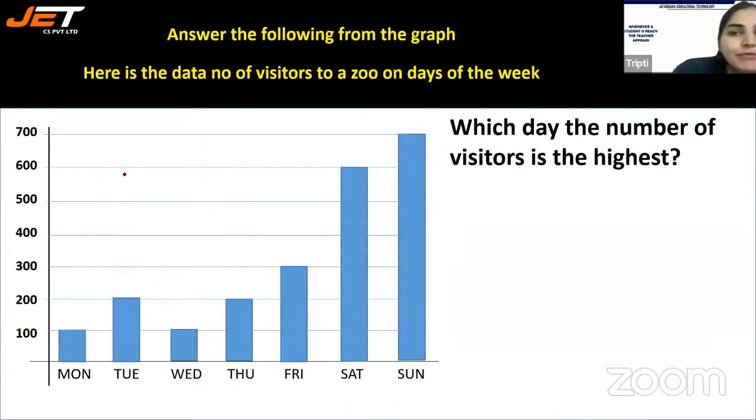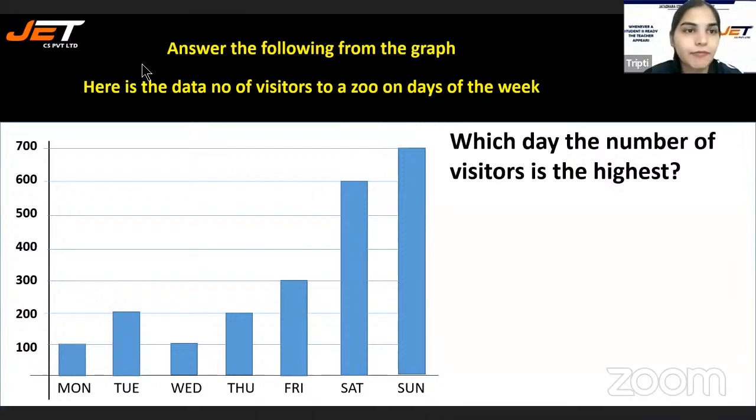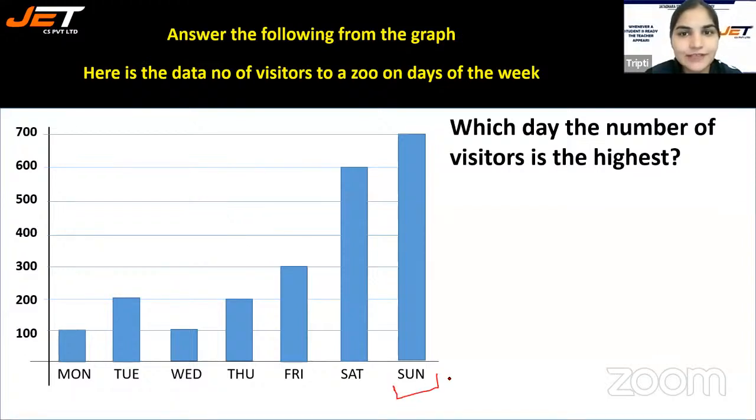So which day is the number of visitors the highest? I can see the graph is highest on Sunday. So we can say on Sunday, the number of visitors is the highest.